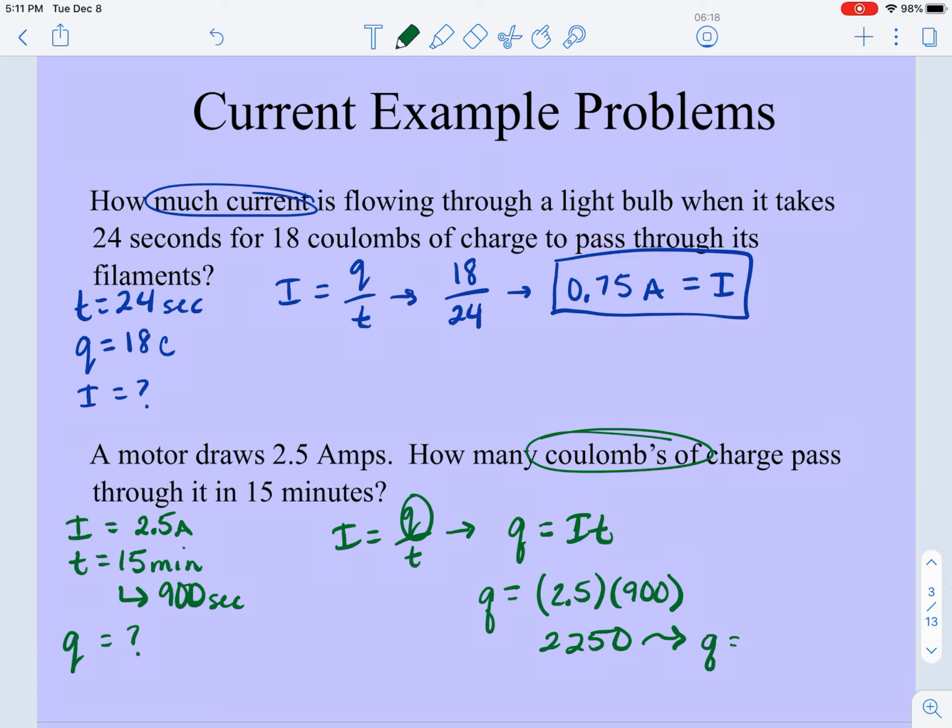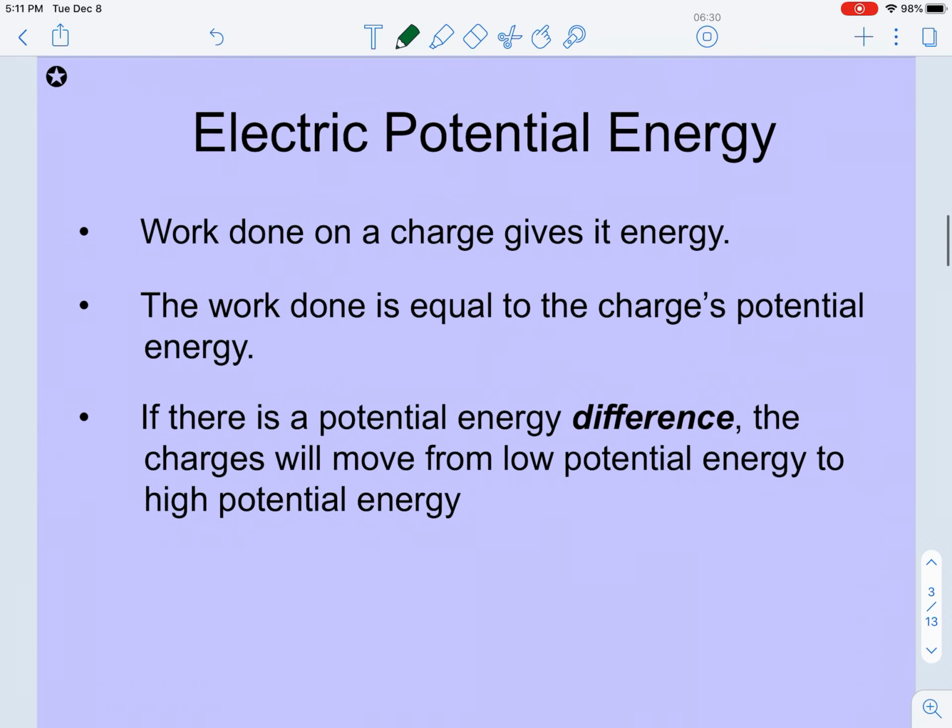And that is going to give 2250, which, according to the question, we need 2 sig figs. So we can either express this as 2300 coulombs, or if you wanted to write that in scientific notation, that would be 2.3 times 10 to the 2.